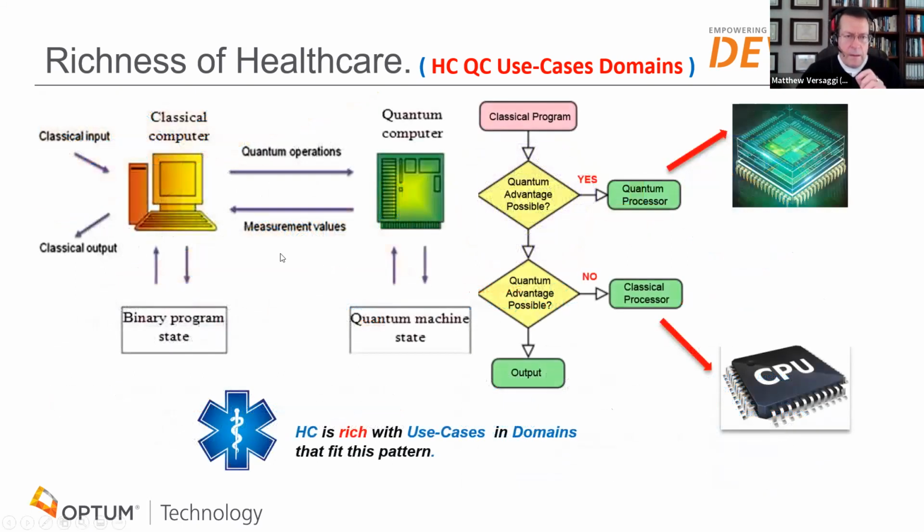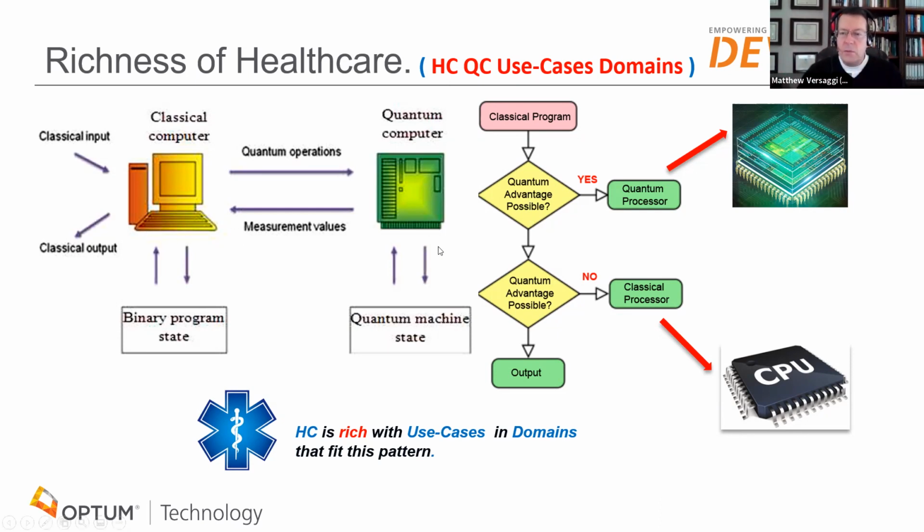Now, what's more is that if we think of the quantum classical relationship, you can have a classical computer buzzing along, comes across a problem that's best suited for a quantum processor, it kicks that over to a quantum processor, it gets what it needs back, continues on, and maybe it kicks things over to a CPU or GPU or whatnot. When you look at this integration between quantum and classical, that opens up the aperture even further.